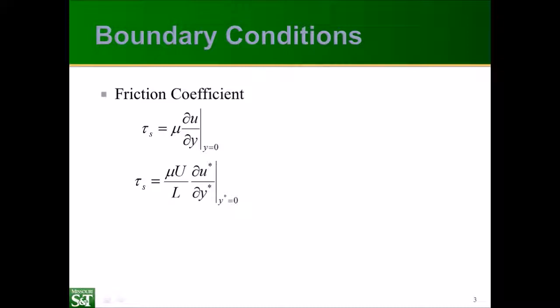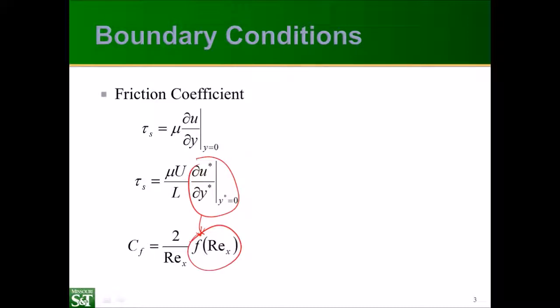Then we can rearrange these terms to define the wall shear as the friction coefficient. So we come up with the definition of friction coefficient with respect to wall shear. And we end up with this expression that the skin friction coefficient is 2 over Reynolds number, and then this dimensionless velocity gradient turns into this function of Reynolds number.